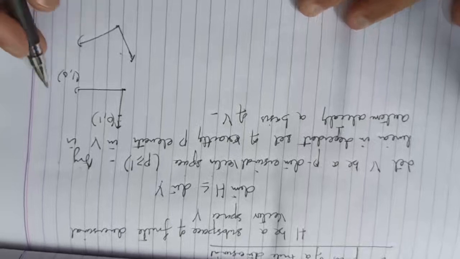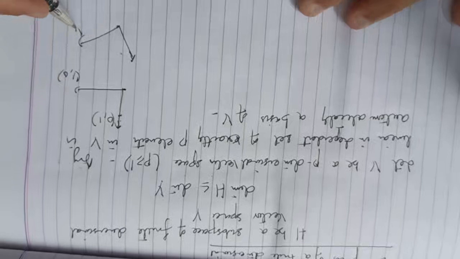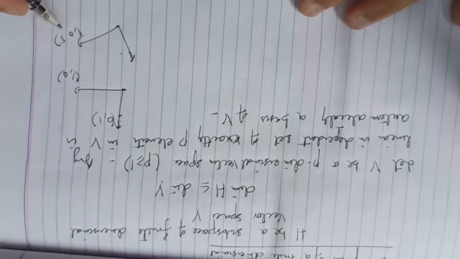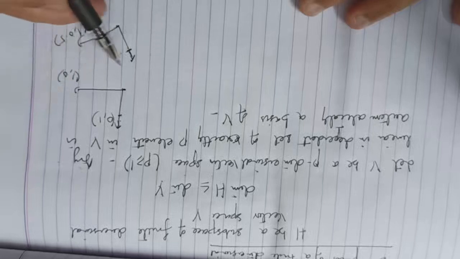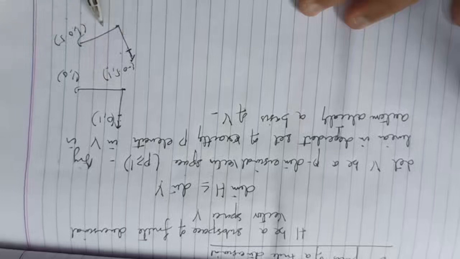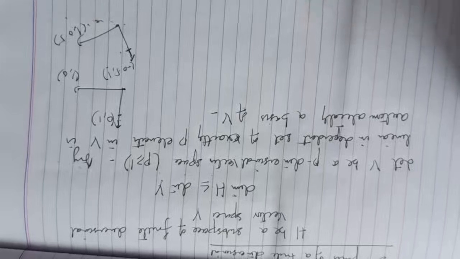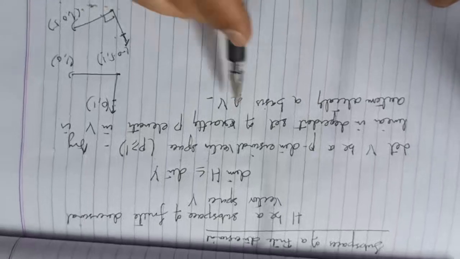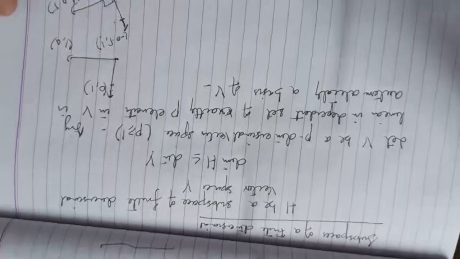Now this could be one vector, and this could be another. Now you can see here you cannot write one in the form of the other, so it means they are a linearly independent set of vectors. So these can also serve as the basis of this two-dimensional vector space.